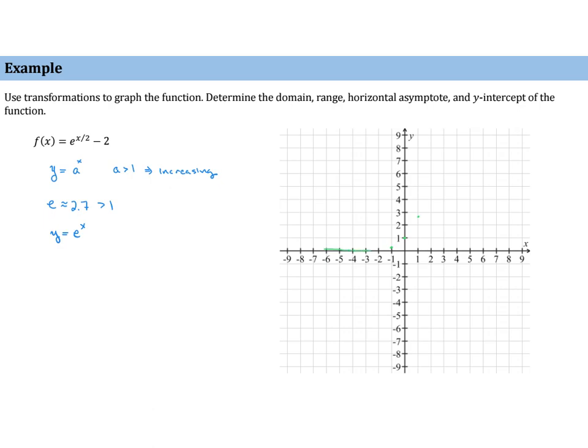And this is, again, not the graph that we're looking for. This is the parent function. So what we're going to do now is use the transformations. So we have this division by 2, and we have a subtraction of 2. The division by 2 is going to be a horizontal stretch by a factor of 2.